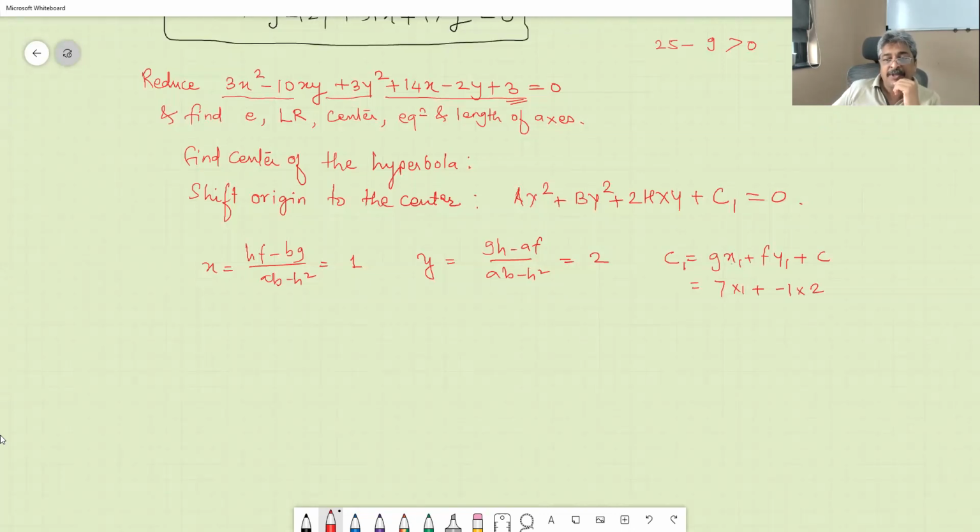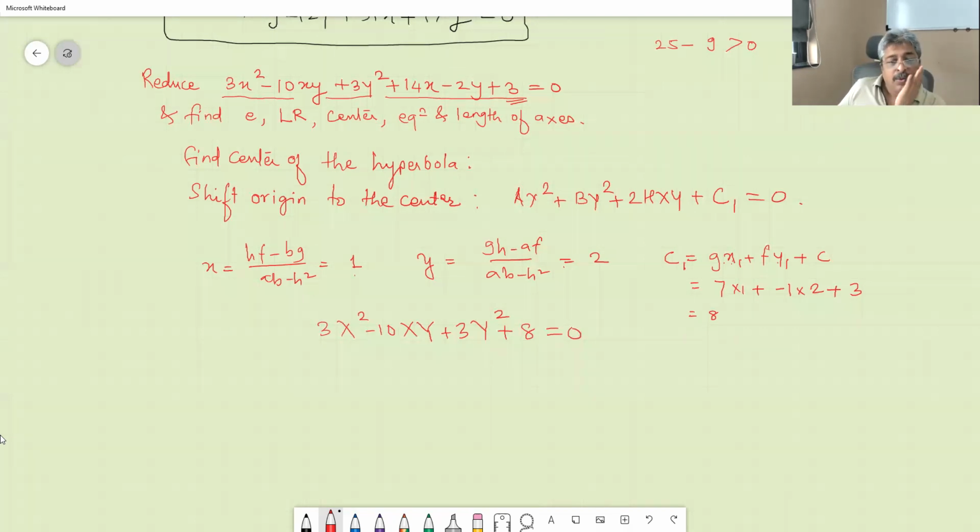These are the shift, alpha comma beta. X1 is 1, y1 is 2, and your original c is 3. 7 and 3 is 10, minus 2 is 8. So c1 is 8. You are doing it for the first time, therefore you are taking time, but otherwise this is quick. You will get the equation 3 capital X square minus 10 capital X capital Y plus 3 capital Y square plus 8 is equal to 0.